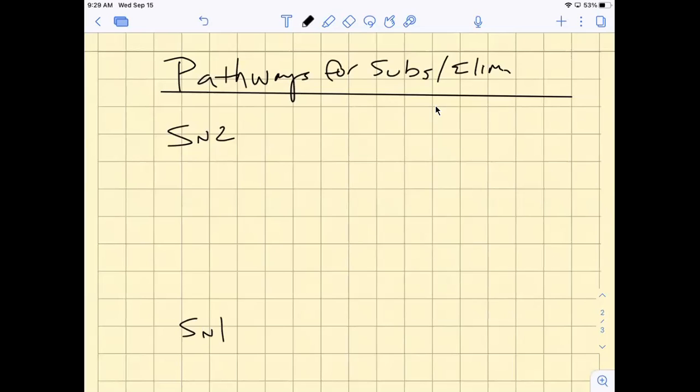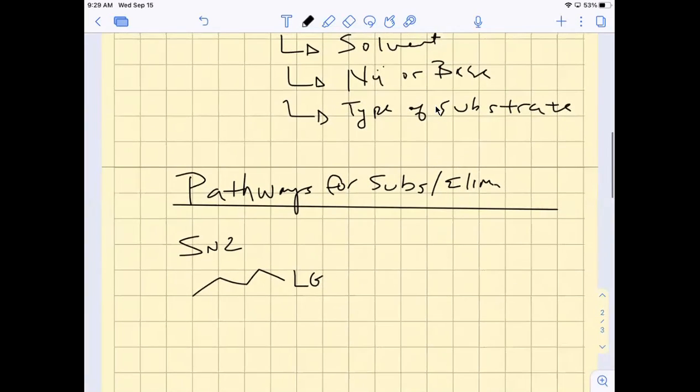So Sn2 substitution, when it happens, normally it's going to happen on a primary substrate. So this is my leaving group. Need to put that up here too. All right, so it's also dependent on the leaving group ability and that's specific to Sn2 and E2. So for Sn2, this is my leaving group.